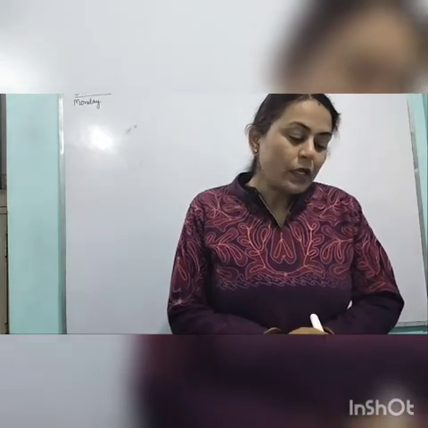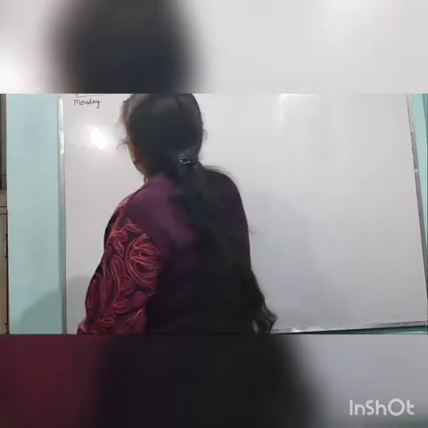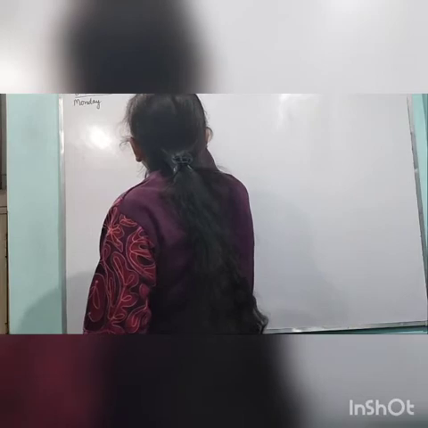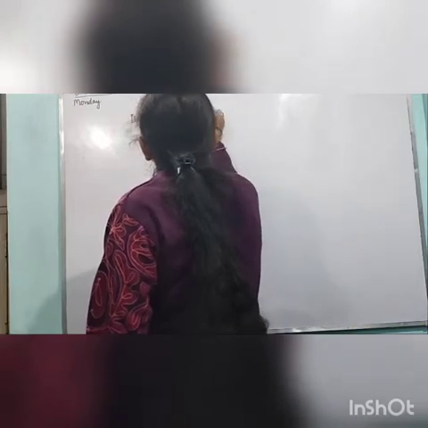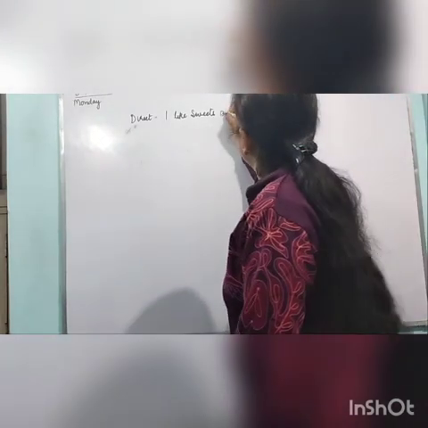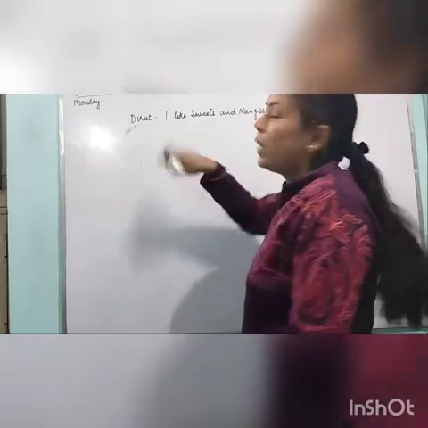If in direct speech I say, I like sweets and mangoes, this is the direct speech. Direct में बोलते हैं I like sweets and mangoes. Suppose you have to tell this to anybody.